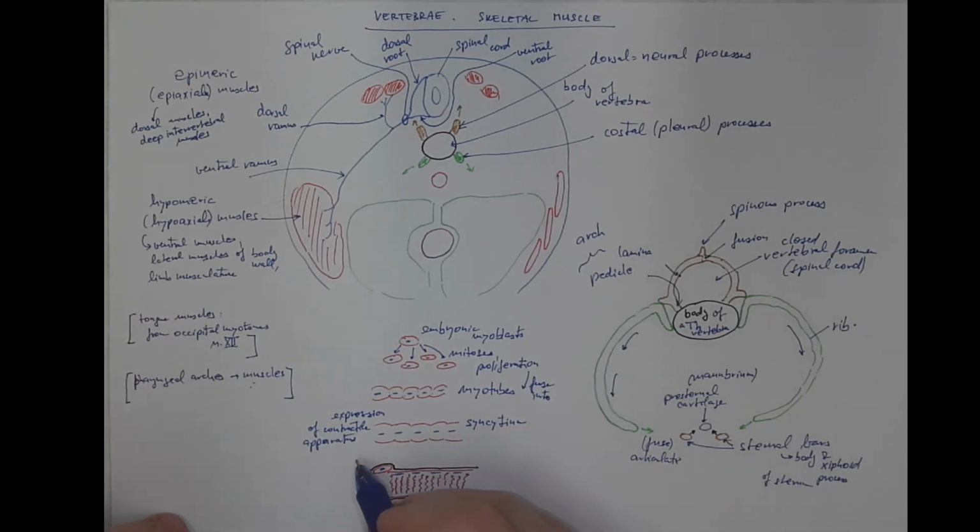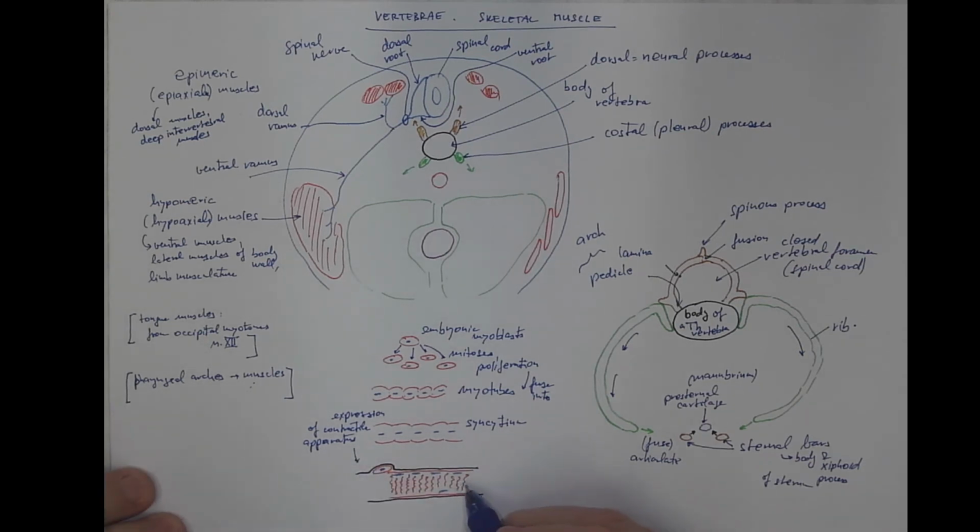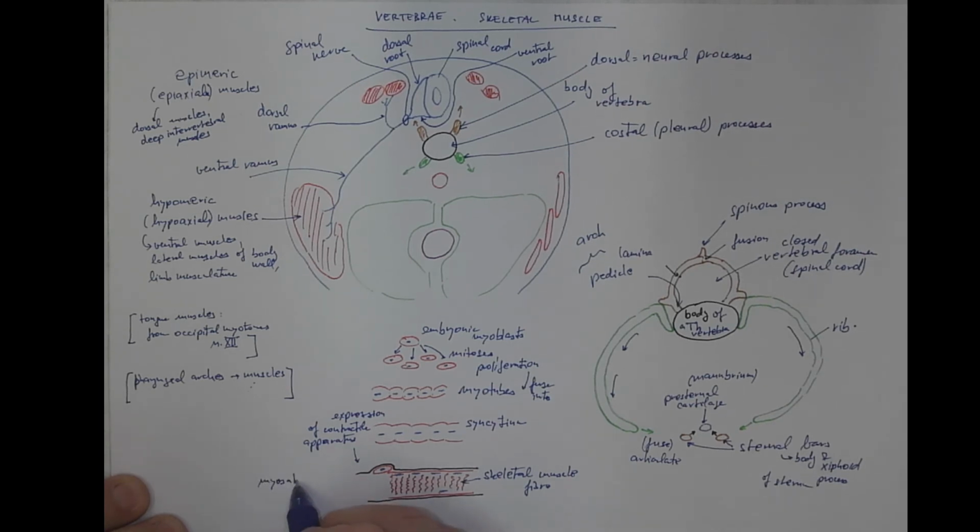So finally this is a mature skeletal muscle fiber and the myosatellite cells below the basal lamina.